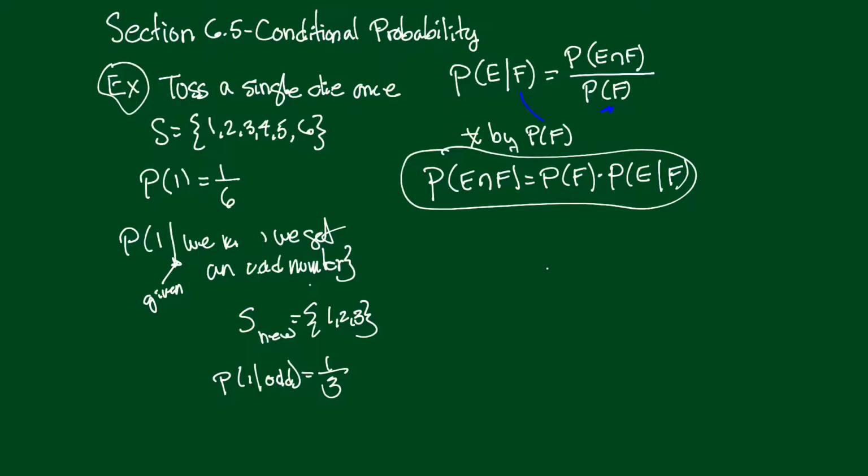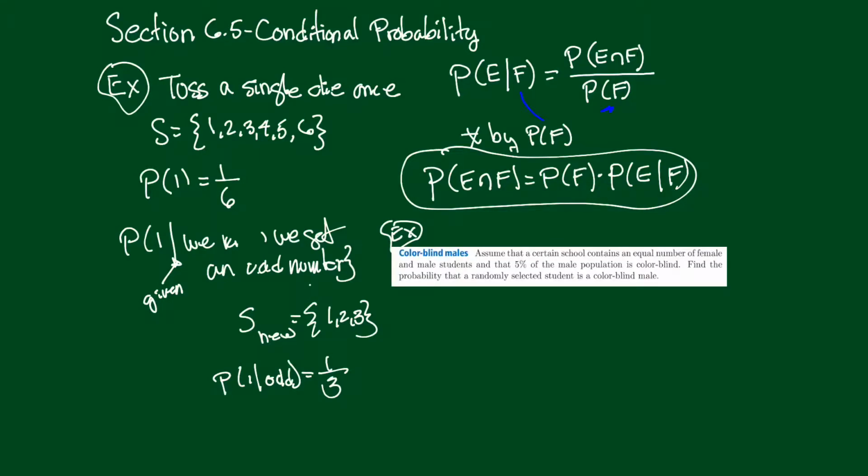So this formula tells us that if we want the probability that two events occur, this one and this one, like this first one and the second one, here's how we're going to get it. We're going to take the probability of one of them times the probability of the other, given that the first one already occurred.